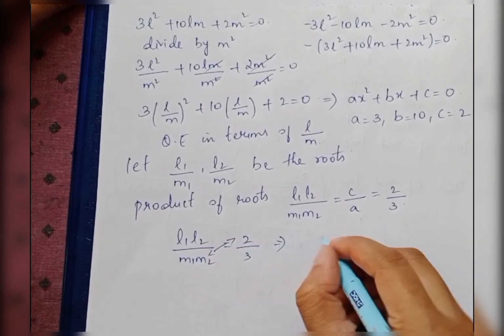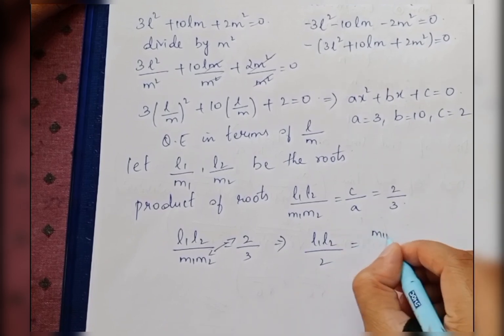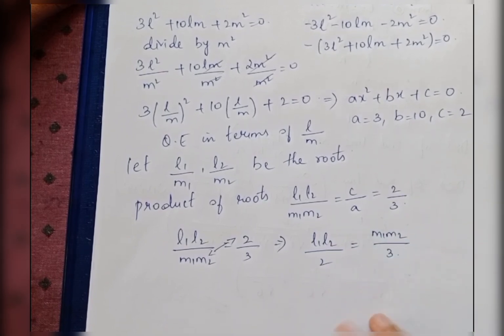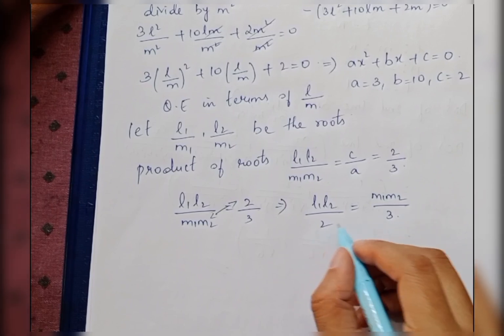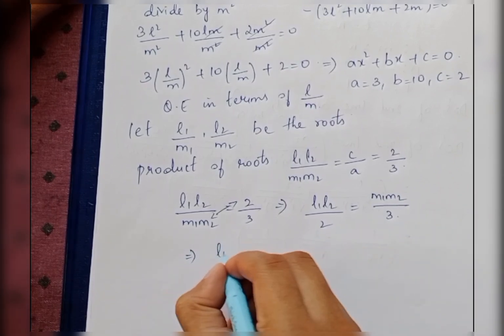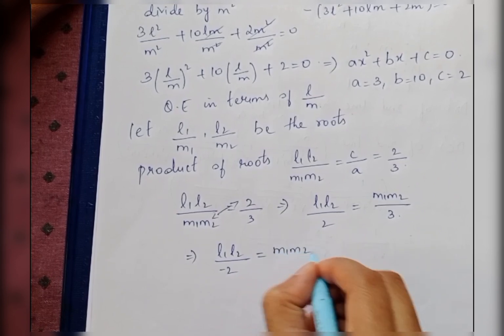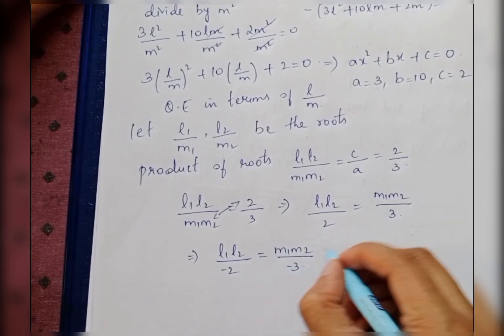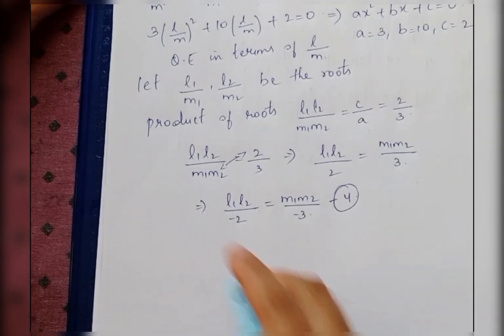Interchanging these two, we get l1 l2 by 2 is equal to m1 m2 by 3. Now multiply this term with negative 1, so it becomes l1 l2 by minus 2 is equal to m1 m2 by minus 3. Take it as equation 4. So we got 3 and 4.